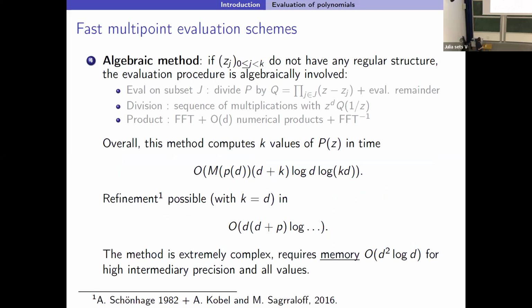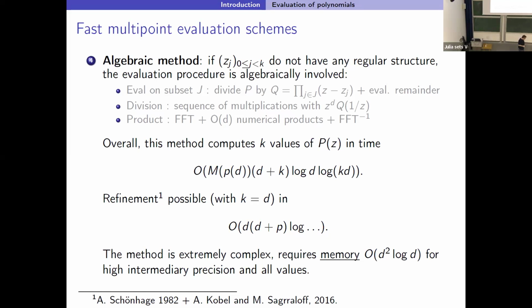There is another method which is quite nice, some algebraic construction, but unfortunately, you have to do polynomial division, which is not necessarily very slow if you do it in a smart way.